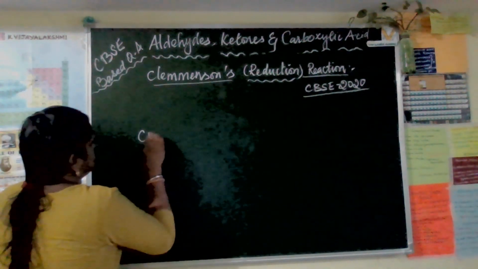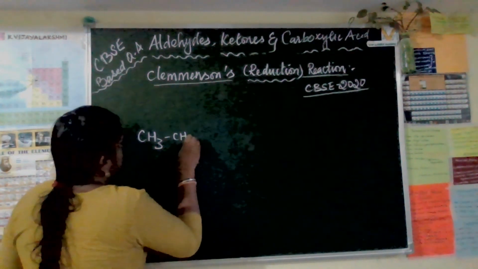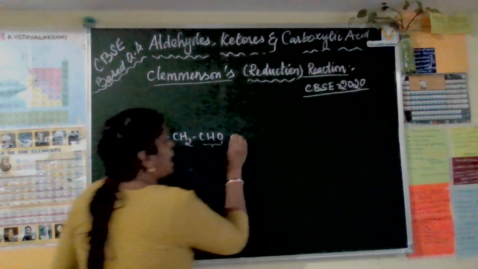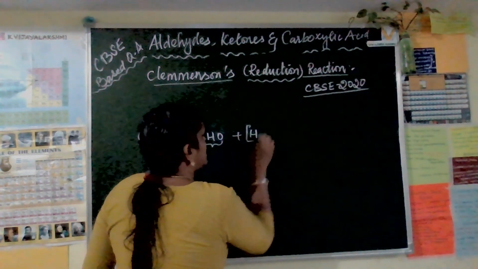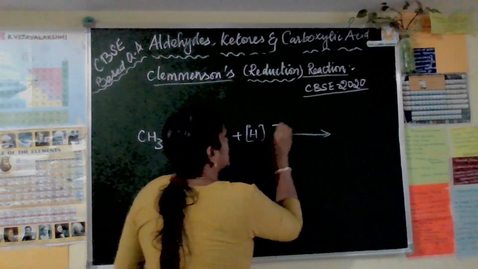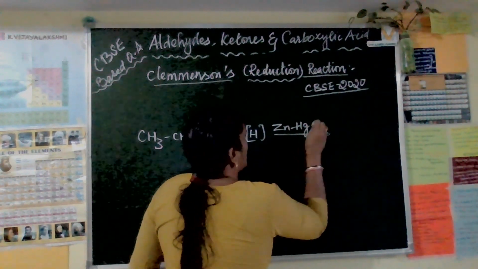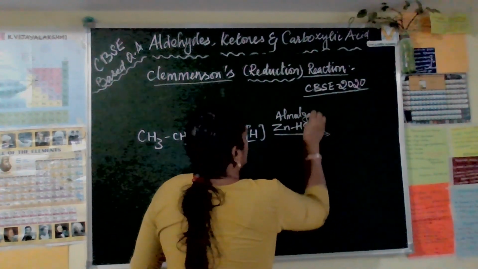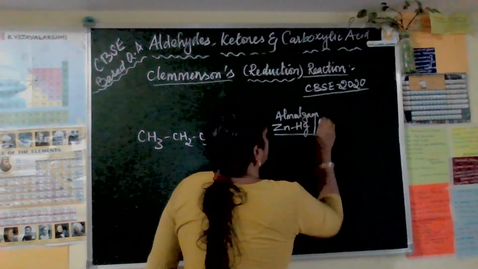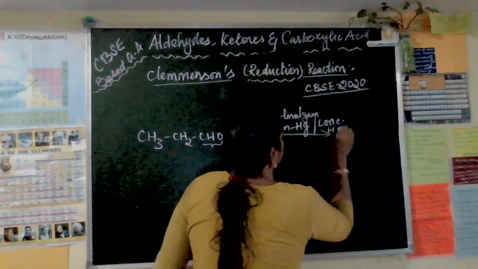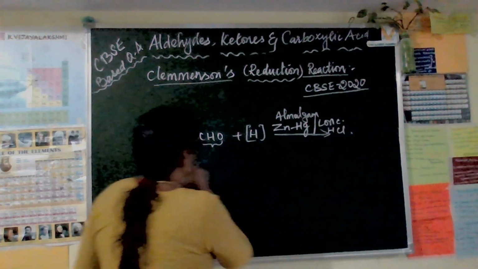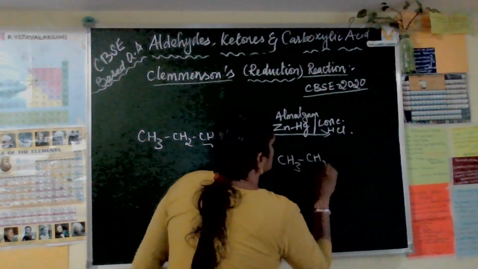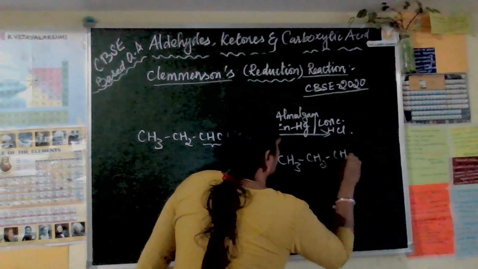I just mentioned here CH3CH2CHO. This is an aldehyde, and it reacts in the presence of zinc amalgam, ZnHg, and this is actually amalgam, and in concentrated HCl you will get alkane, the same number of carbons: CH3CH2CH3.